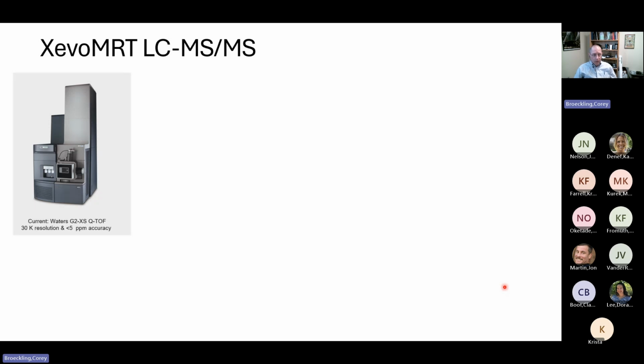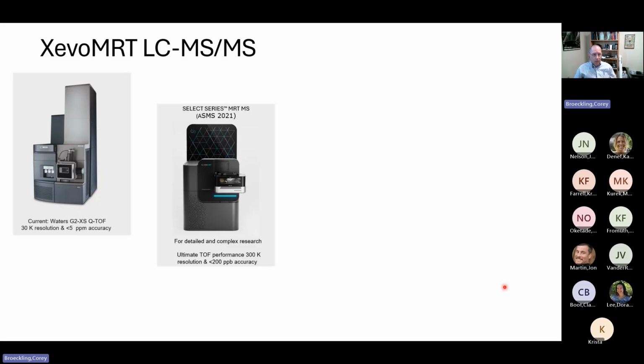But over the past few years, Waters, the manufacturer of this instrument and developer of it, has been making some really impressive improvements. So in 2021, they released at ASMS an instrument called the Select Series MRT. And this MRT stands for multireflectron time of flight. I'll show you what that looks like in a little bit.